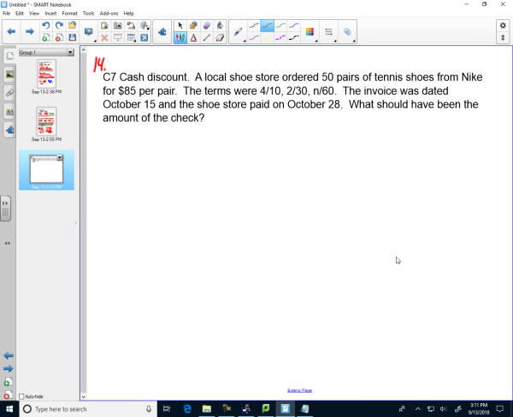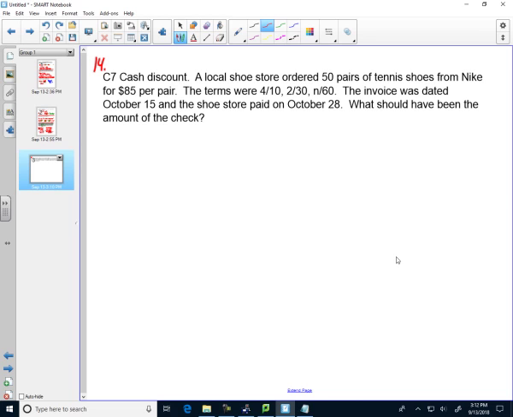Oh. Okay. I'm trying not to think. Okay. C7 stands for Chapter 7. All right. Cash discount further tells you it's a cash discount problem. Boy, somebody took all the suspense out of this, didn't they?